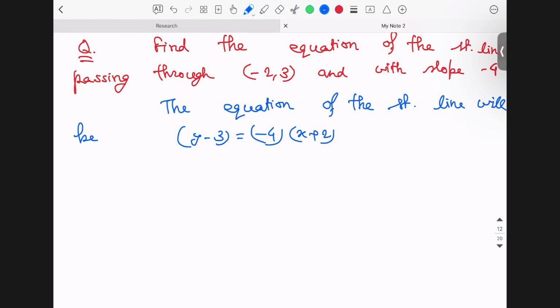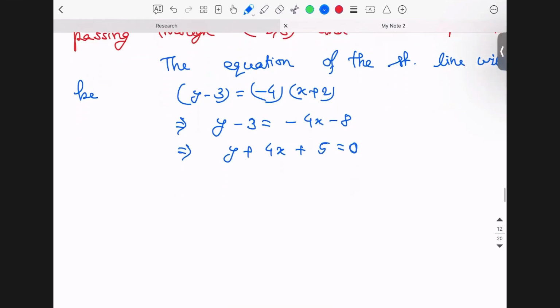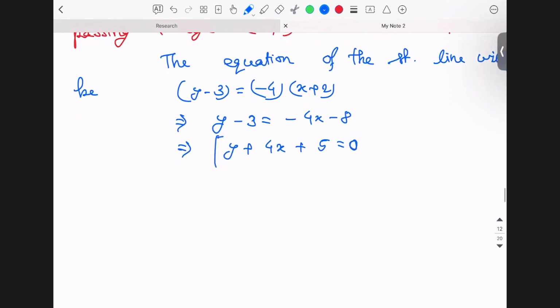Because it is x minus (-2), which is x plus 2. If I simplify it, I get y minus 3 equals -4x minus 8. It will further give us y plus 4x plus 5 equals 0. So this is the equation of the straight line.